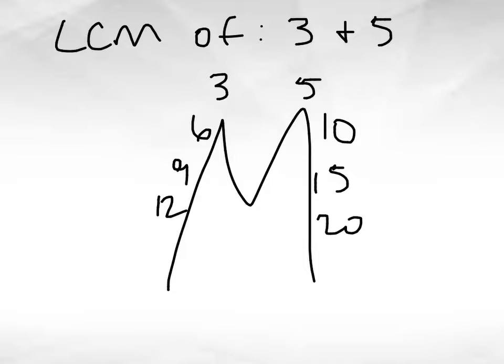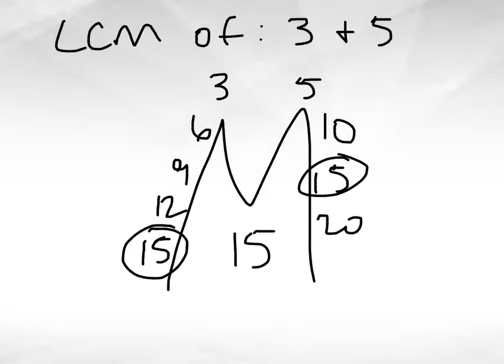So far, do we have any the same? Nope. So we've got to keep going. The 3 side is lowest, so I'm going to start here. 15. Oh, and I realized I had that over here. So 15 is going to be my least common multiple. It's that simple.